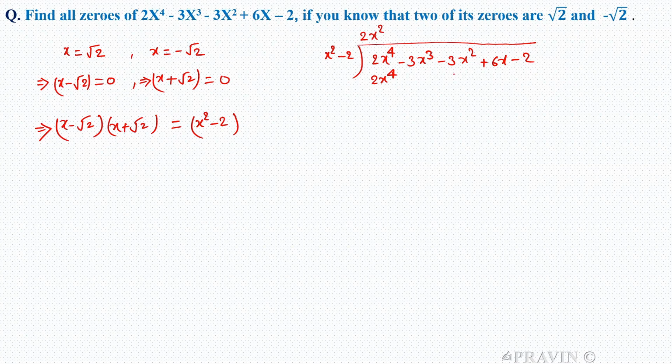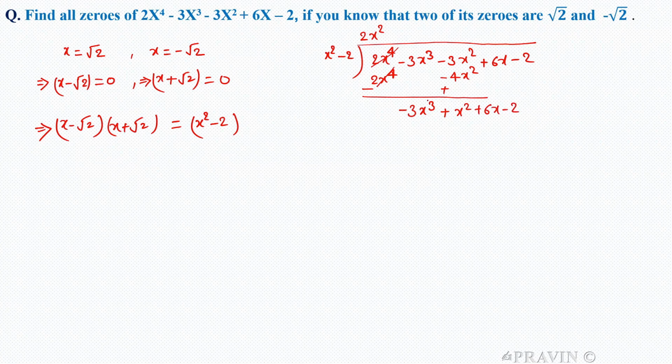You can write just below the term of the same degree. So you can write here 4x square, and while subtracting just change the sign, plus minus. This term will cancel out and here you will have minus 3x cube, and this will give you plus x square, and here 6x minus 2.